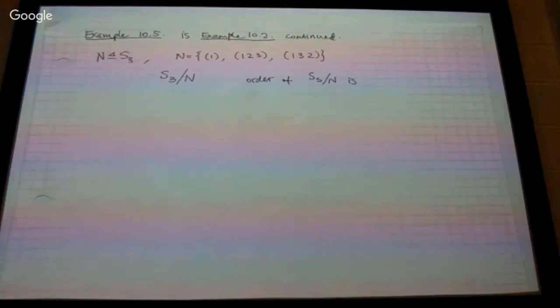Yeah, that's fair enough, but that's the word that everybody in the world uses, so we'd better stick to it. With bigness now. What's the bigness of S3 over N? Bigness. I thought you were saying big mess. You left the eye on last night. It hasn't known. As opposed to order.